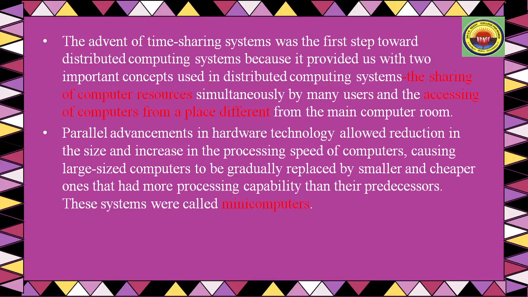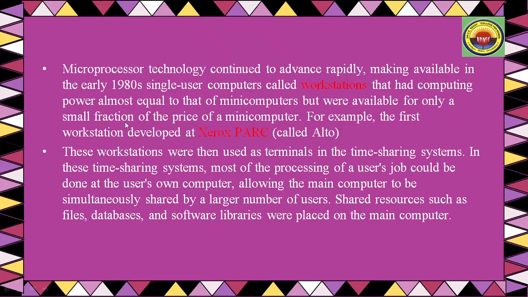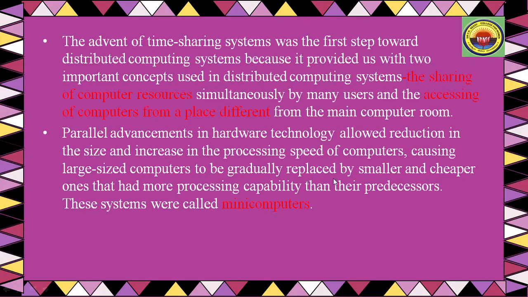Price has been reduced, size also reduced, but there is an increase in the processing speed. So, these systems were called mini computers. With the help of improvement in the hardware, we got mini computers at a smaller and cheaper price, and the speed also increased.